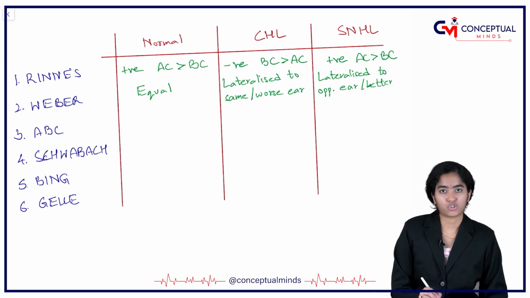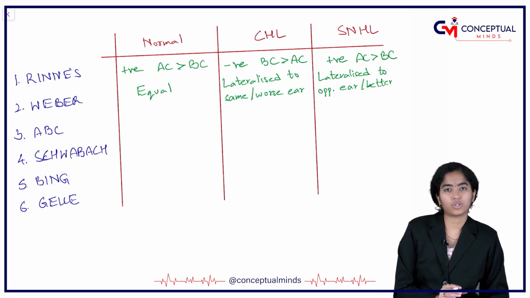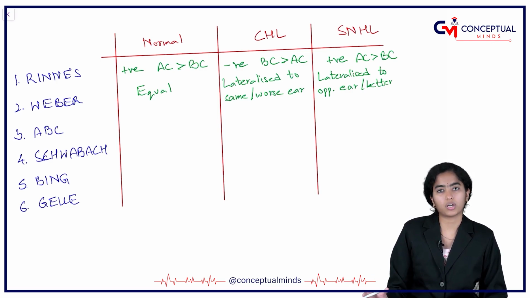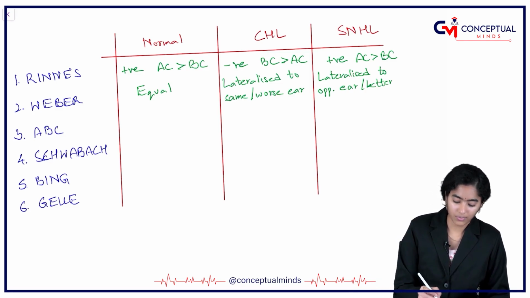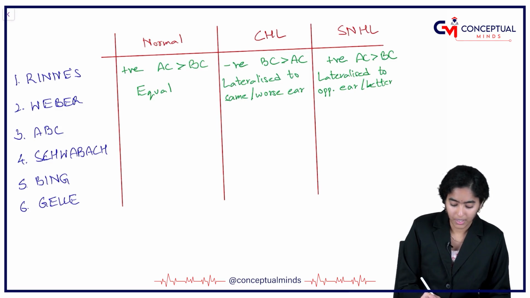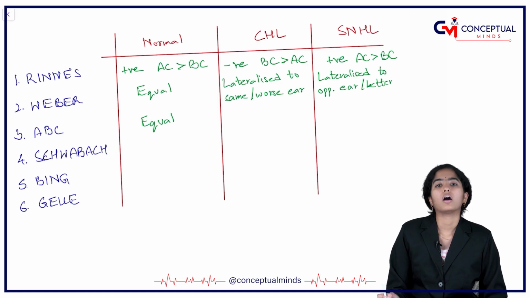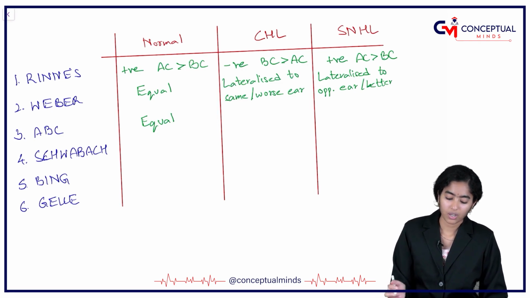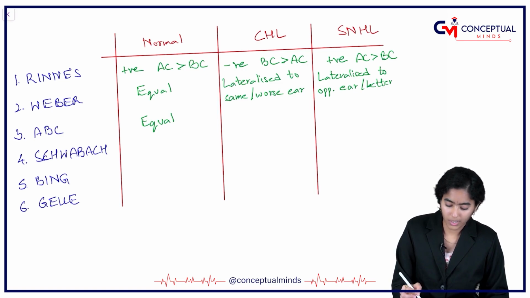Absolute bone conduction test, where the bone conduction of the patient is compared with the bone conduction of the examiner while occluding the external auditory canal. So a normal person will of course hear the same, equal to that of the examiner. A patient with conductive hearing loss will also hear equal to that of the examiner.